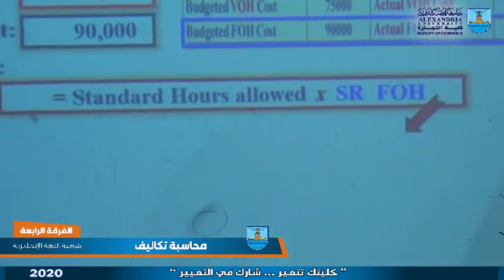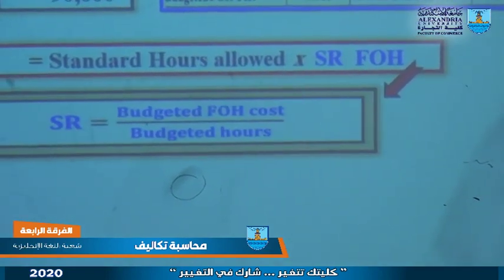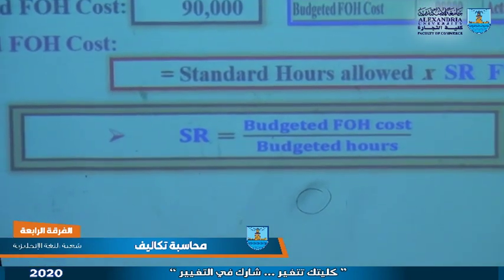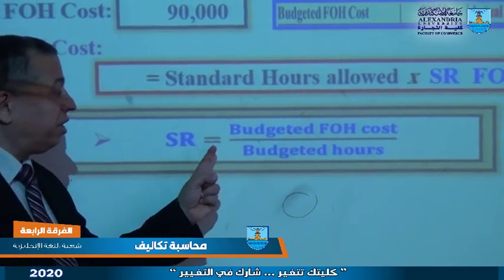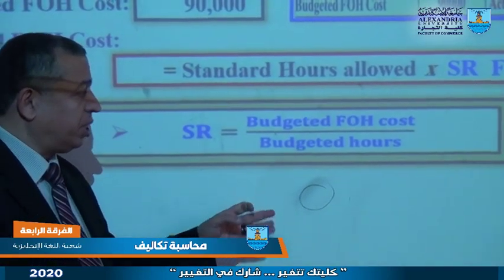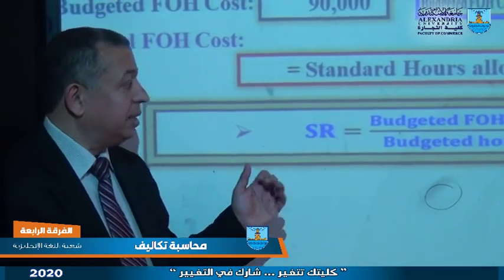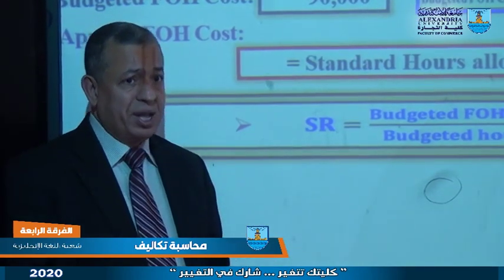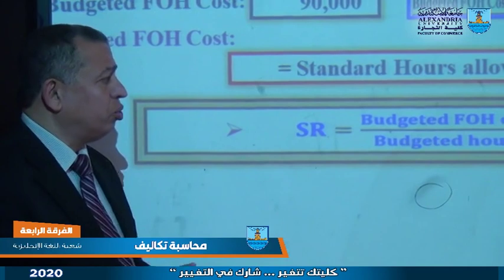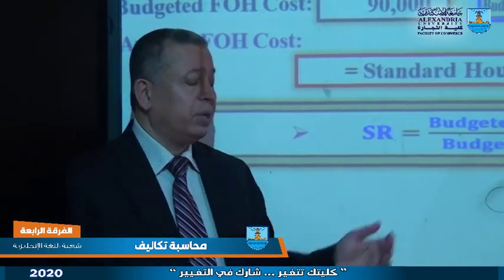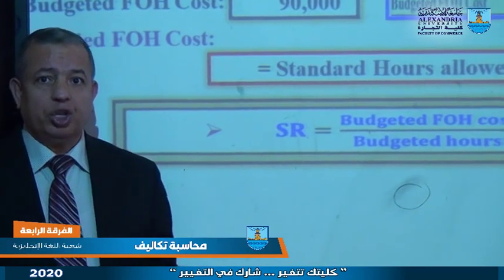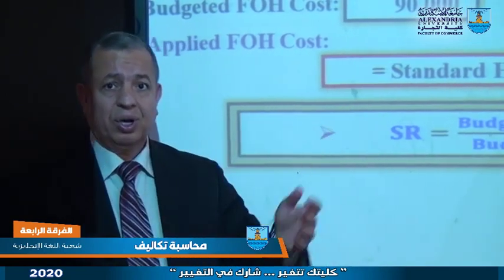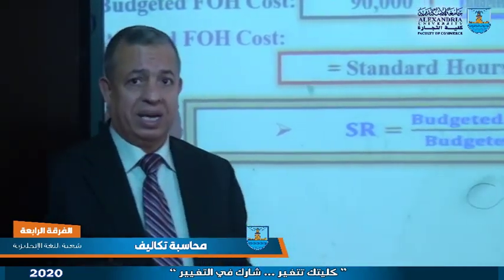How to calculate standard rate per hour? I have an equation. Standard rate for fixed will equal budget fixed overhead divided by budget hours. Again, budget fixed, budget hours. Both of them budgeted. I need standard, so standard cost, standard hours, or like in third year in cost accounting, if you remember, estimated overhead divided by estimated activity base.